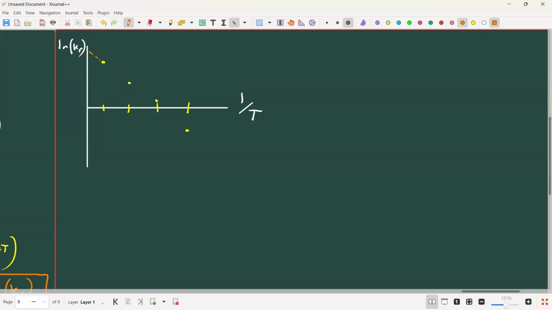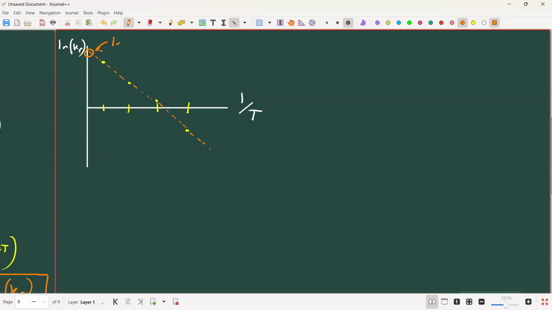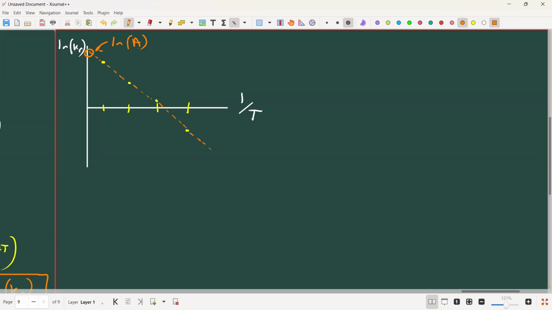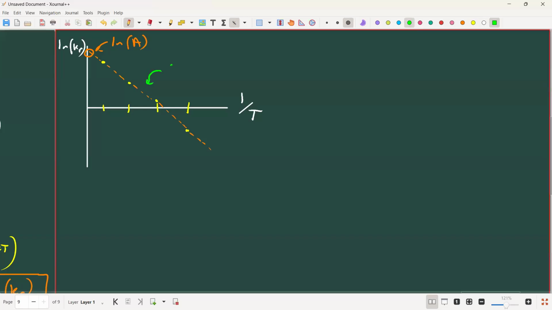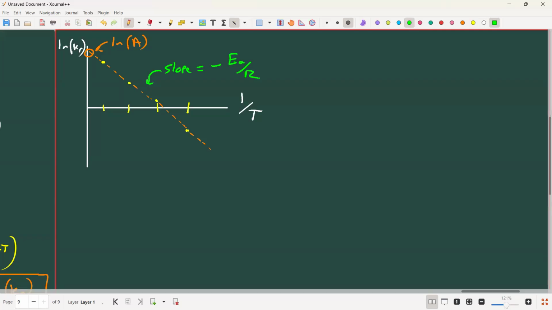And what I get is a beautiful straight line through the data, like this. And the intercept is log of A, right? It tells you the collision frequency. And the slope of this line is equal to minus EA over R.